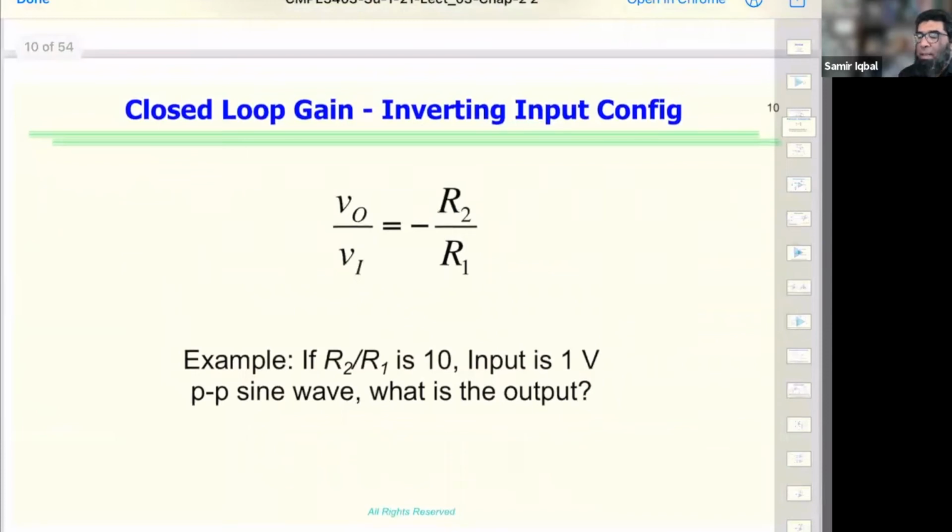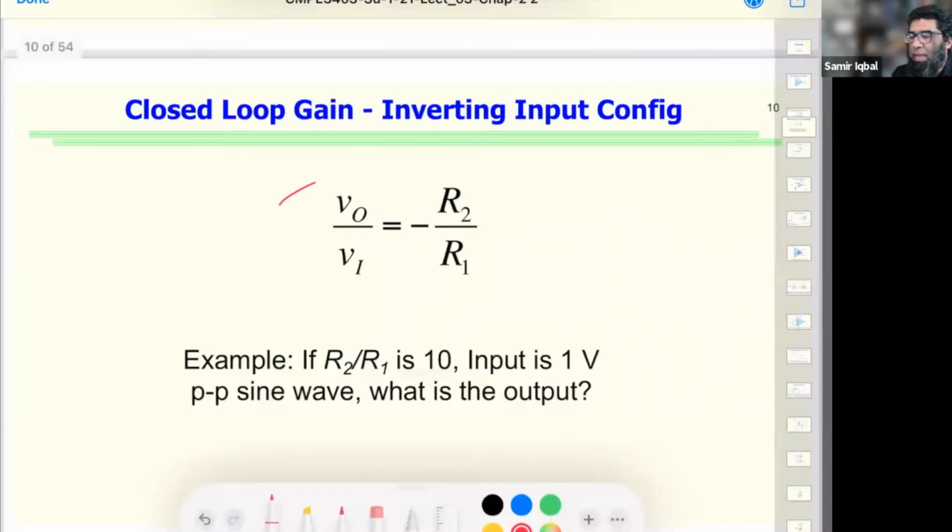So here's an example: if the ratio between R2 and R1 is what we decide, and you pick it to be 10, and you have a 1 volt sine wave input, what is the output? Can somebody calculate it right away? This is a very, very simple formula. You plug in the ratio of these two. You know this, so what is the output?